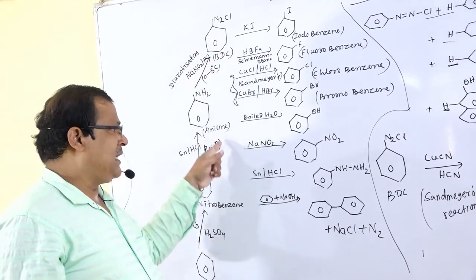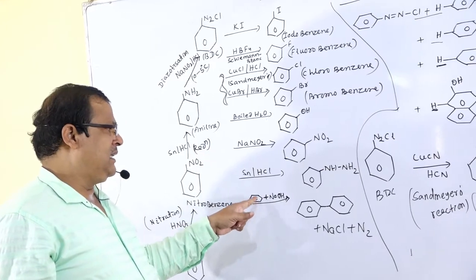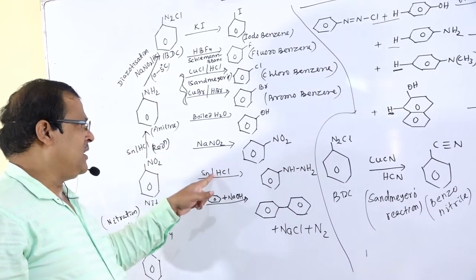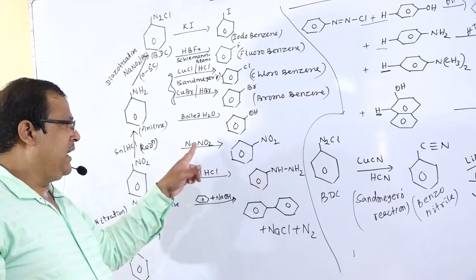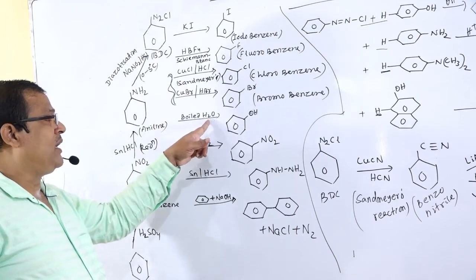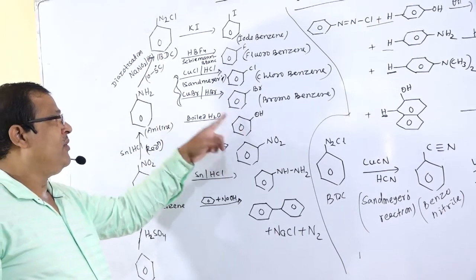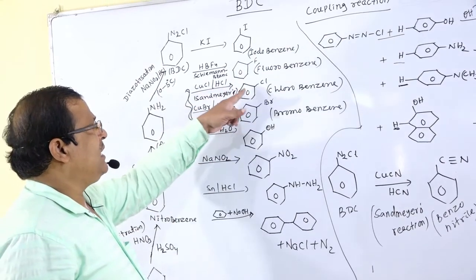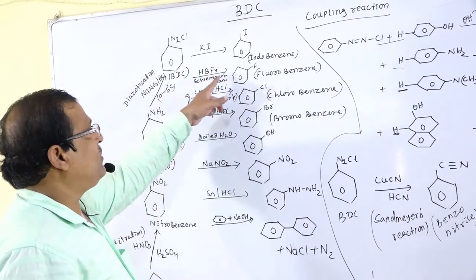BDC treated with benzene and NaOH gives biphenyl; with reduction, phenyl hydrazine; with NaNO2, nitrobenzene; with boiled water, phenol; with CuBr and HBr, bromobenzene; with CuCl and HCl, chlorobenzene; with HBF4, fluorobenzene.